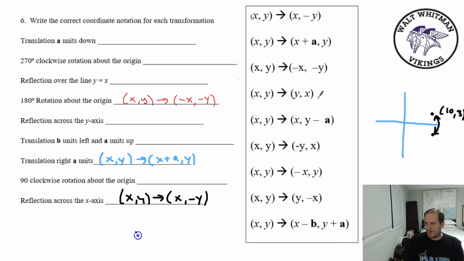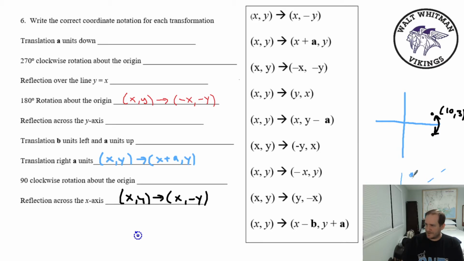Okay, what about the one where you flip the signs or flip the coordinates? That was a reflection, but it was a reflection over that funky diagonal line. And again, you can kind of visualize this. Imagine if you went way out to 10, but you only went up to 3. Then you had this little diagonal line cutting through. Well, according to our rule, it just says switch the coordinates. So over 10 up 3 would become over 3 up 10.